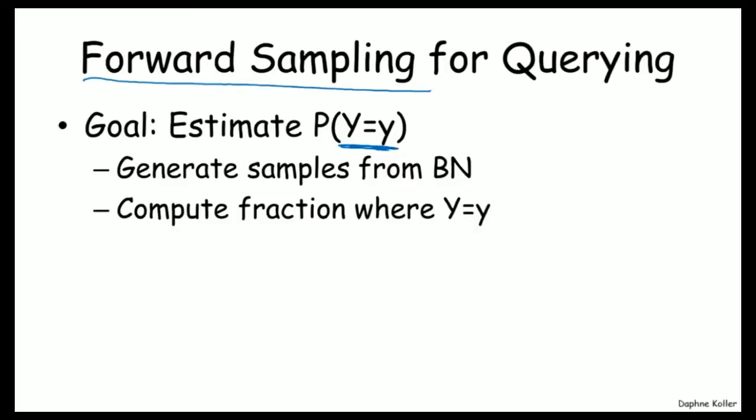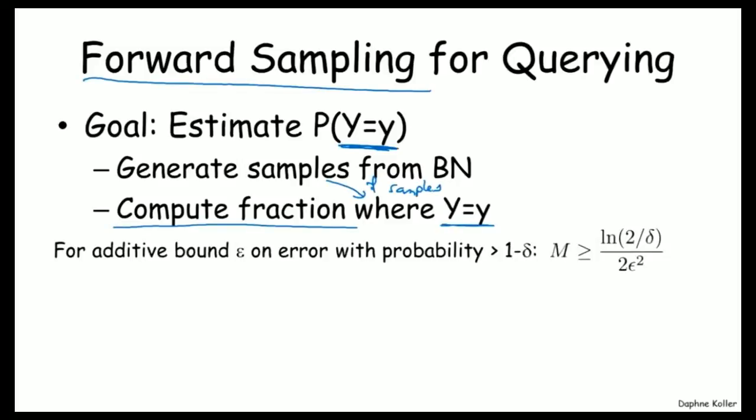And then if I'm interested in some particular event, then I simply compute the fraction of samples where Y equals y. And I can use that same procedure for computing other expectations. So if I have any other function of the sample, I can compute the function on that sample, and then average it out in exactly the same way that we showed on the first slide.